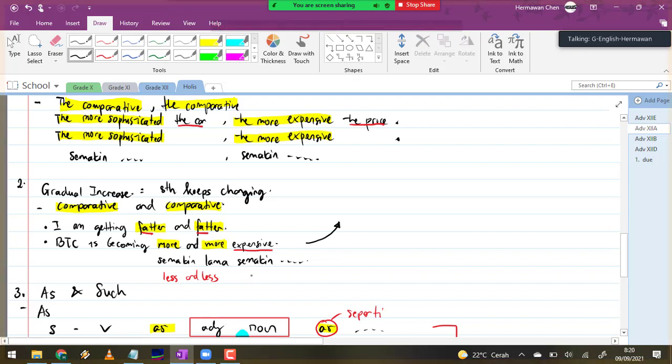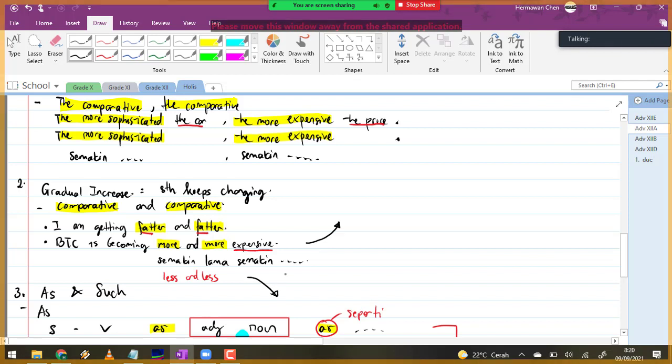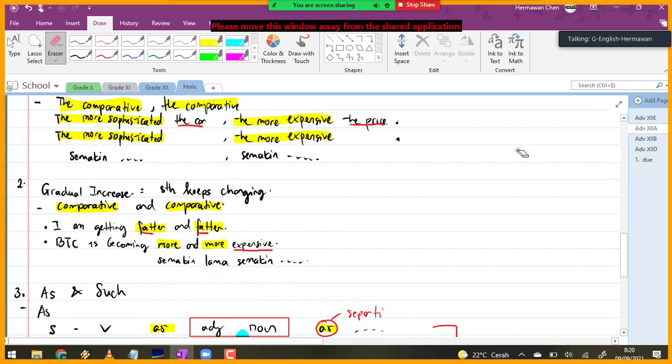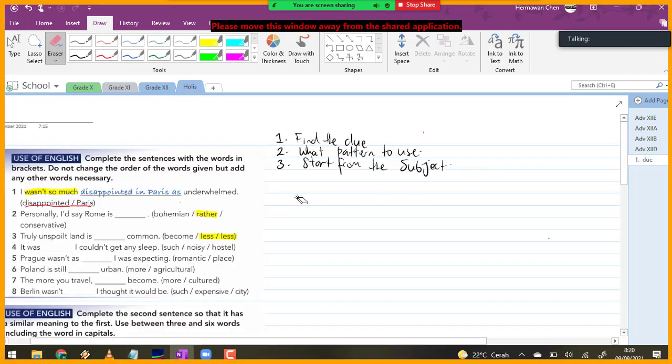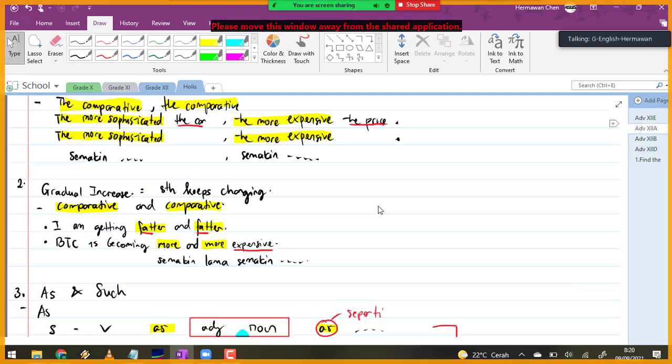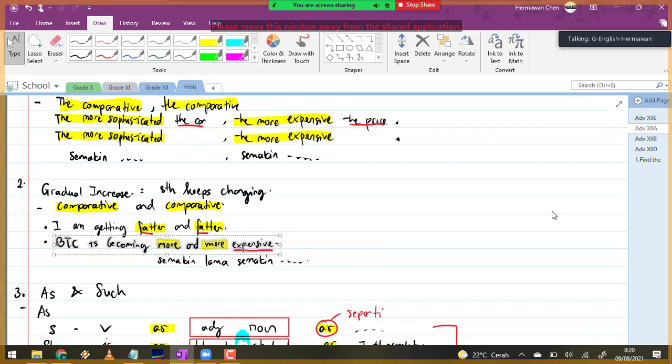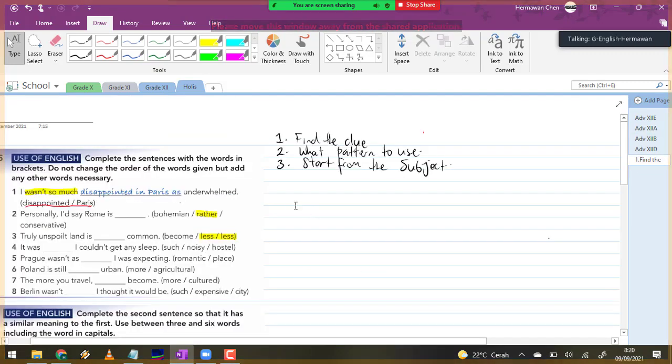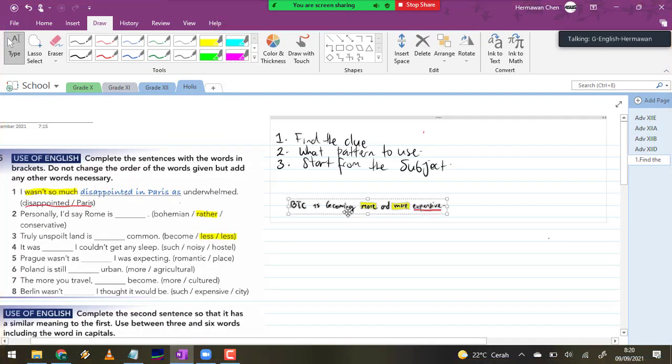However, guys, less and less is used when a quality is decreasing over time. Okay. Wait, let me copy the pattern. Bitcoin is becoming more and more expensive. That's the pattern, the sample.